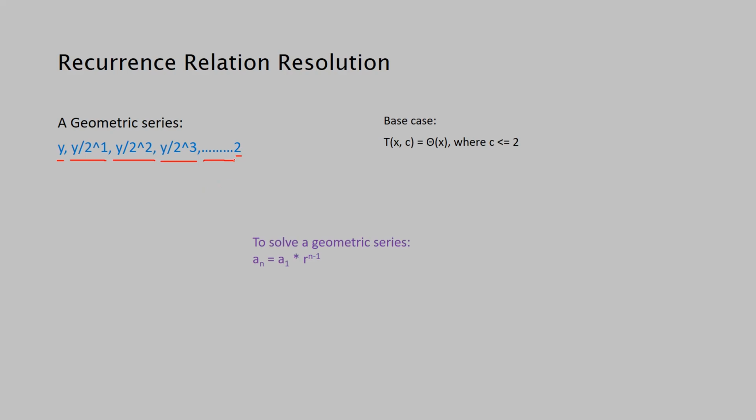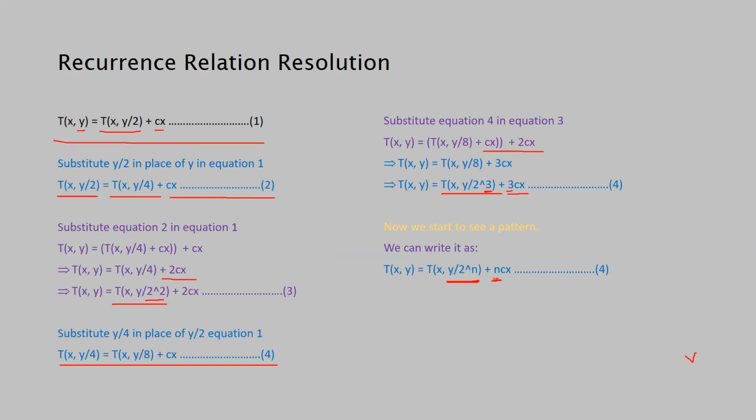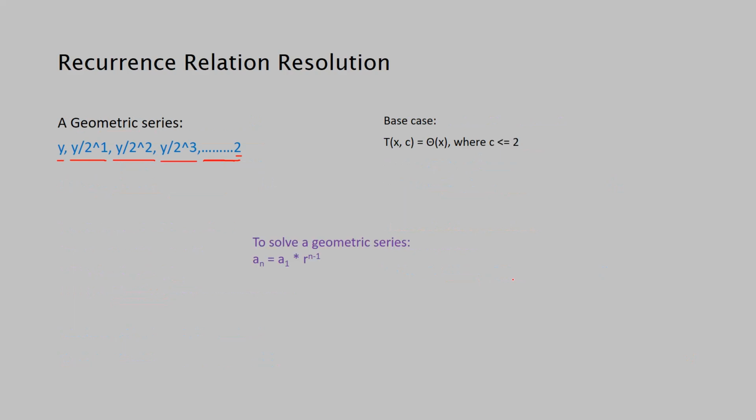So if we solve the number of terms in this sequence, we will know the value of n, because every time we divide the second input by 2, we had seen that this gets incremented, so we need to calculate that.